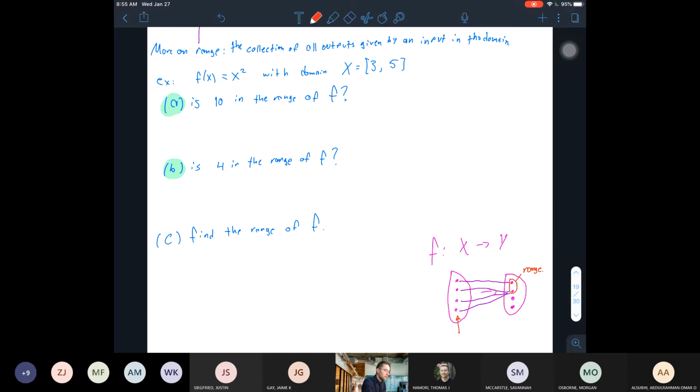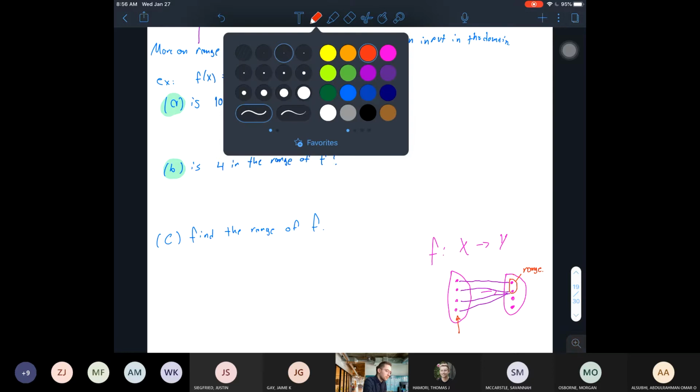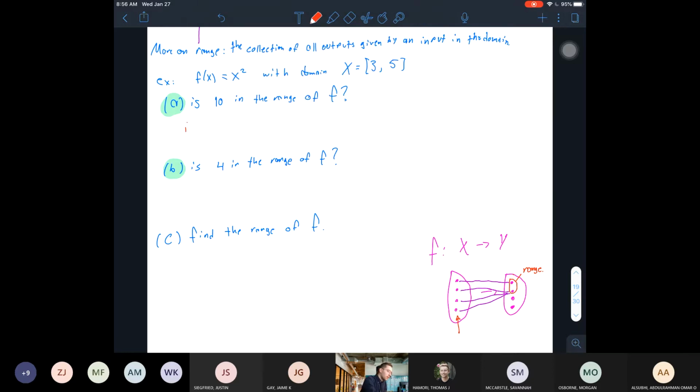And all we have to do in order to do this is check if f of x equals x squared equals 10, can we solve for an x value in our domain?